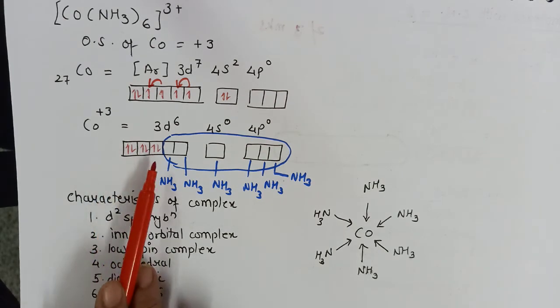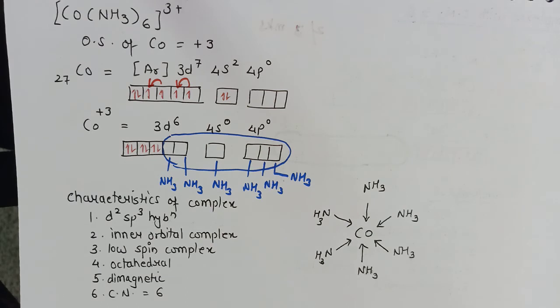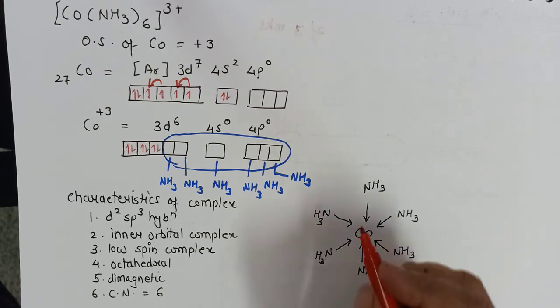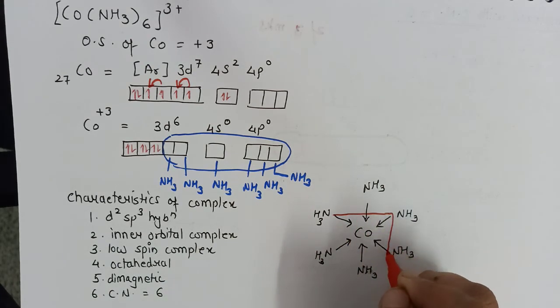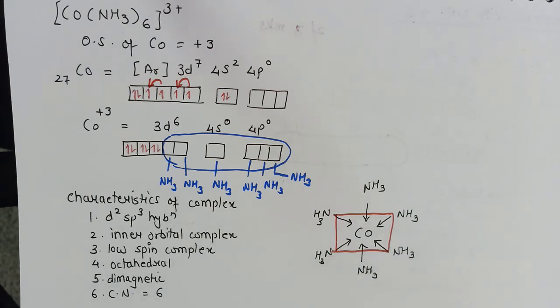Now since there is no unpaired electron left, magnetic moment reduces to a great extent, and therefore I will say it's a low spin complex. It's octahedral. You can see the shape, octahedral. It's diamagnetic in nature because of the absence of unpaired electrons, and coordination number 6.